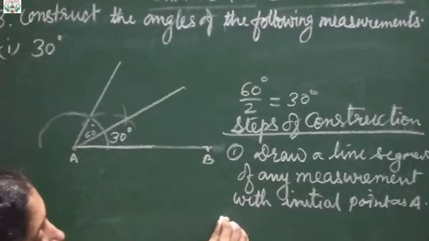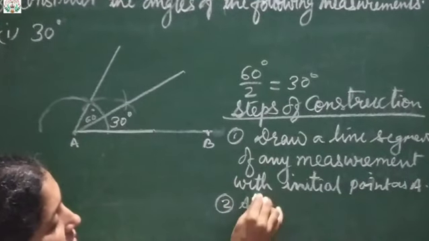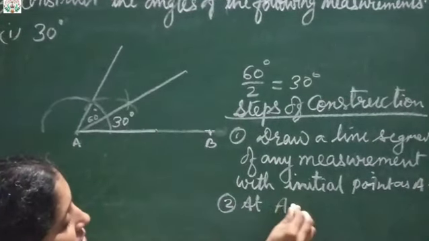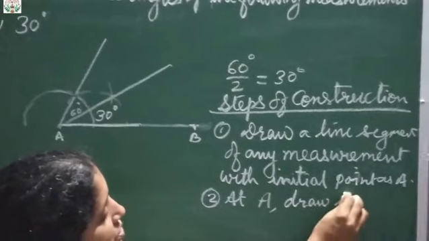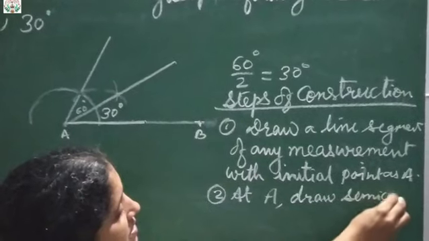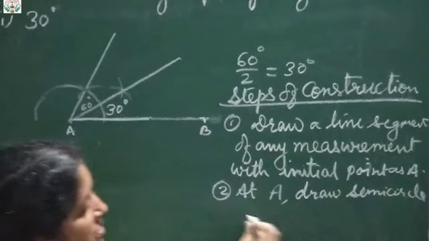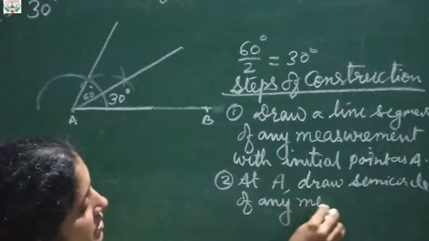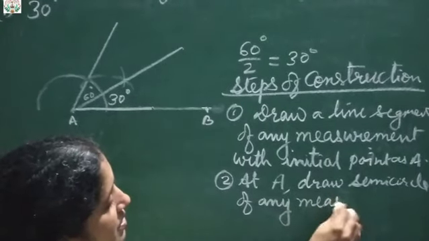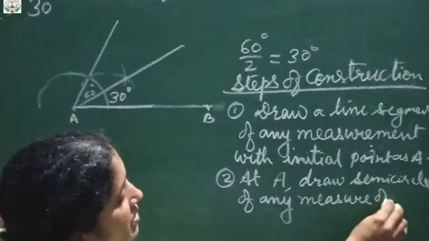At A, second point, at A, draw a semicircle of any measure of arc.